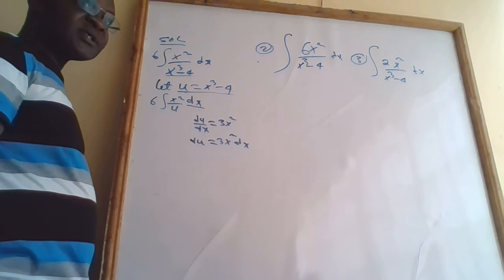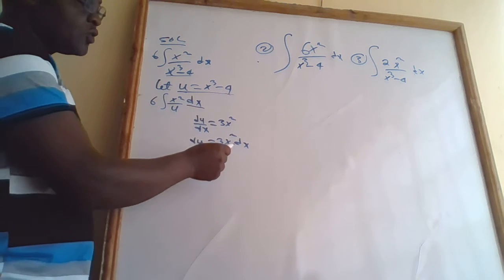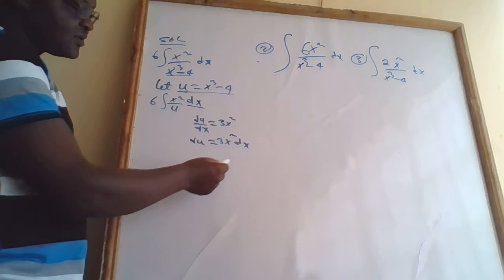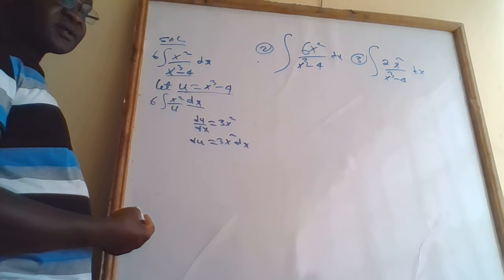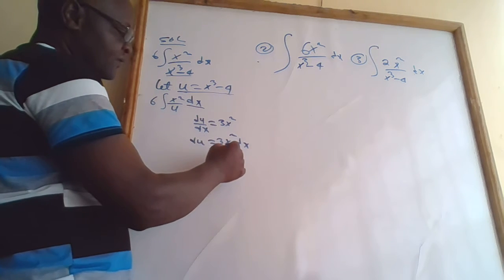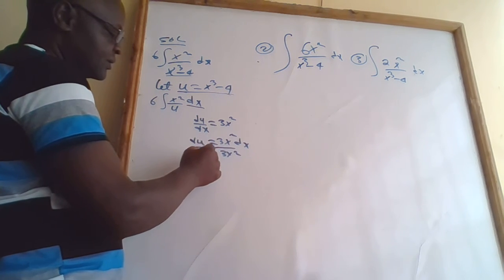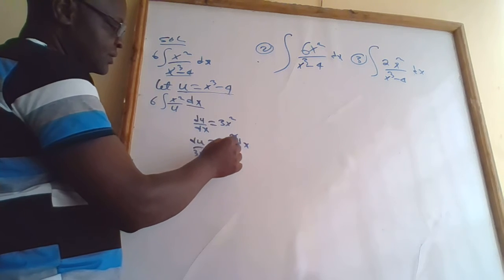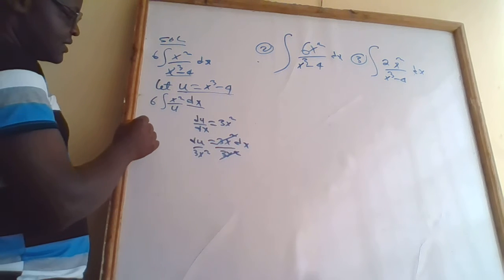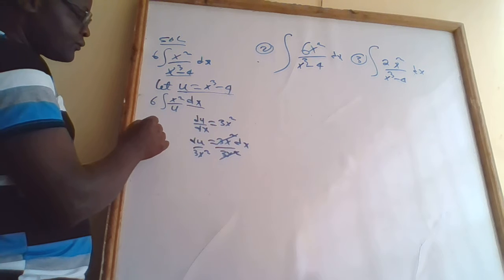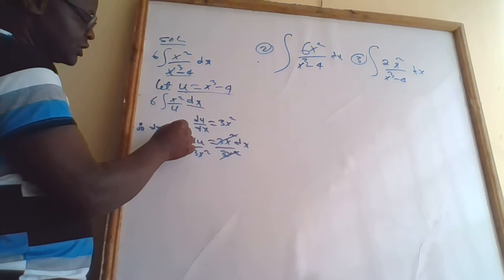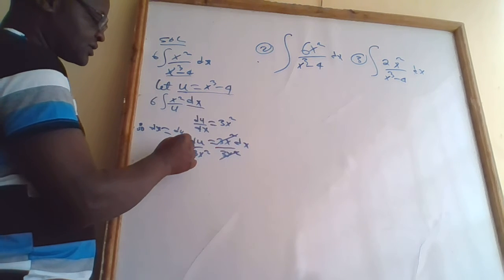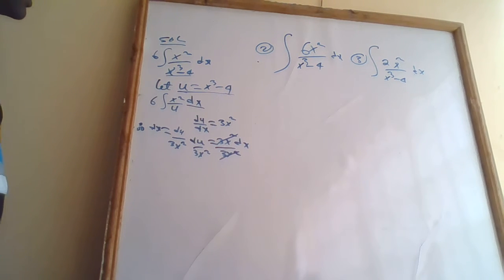Since we want to express dx in terms of du, we make dx the subject by dividing both sides by 3x squared. These and that cancel. Therefore, dx equals du over 3x squared, like that.